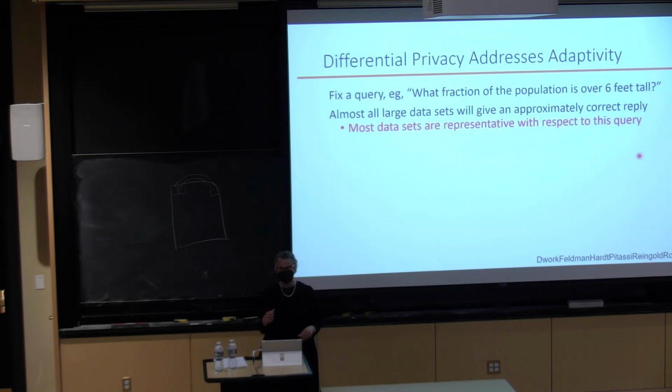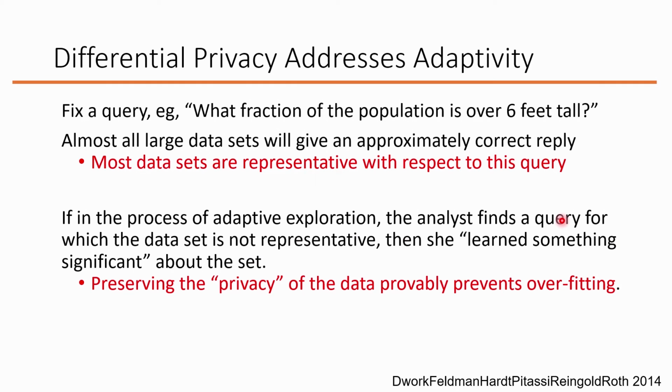The way I think about this is, for a given query, most data sets that I could collect are representative of the underlying population with respect to this query. There could be some super weird data sets, like if I only chose the people over 6 feet tall, then I'd get a very different answer. But if I chose a random data set, that isn't what would happen. Most of the data sets have this nice property.